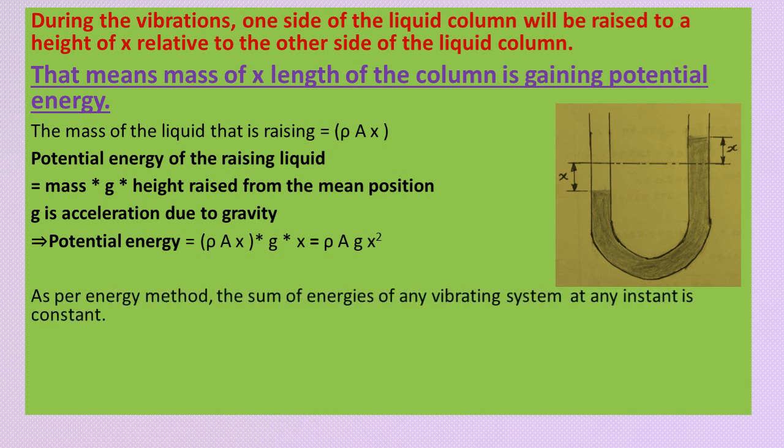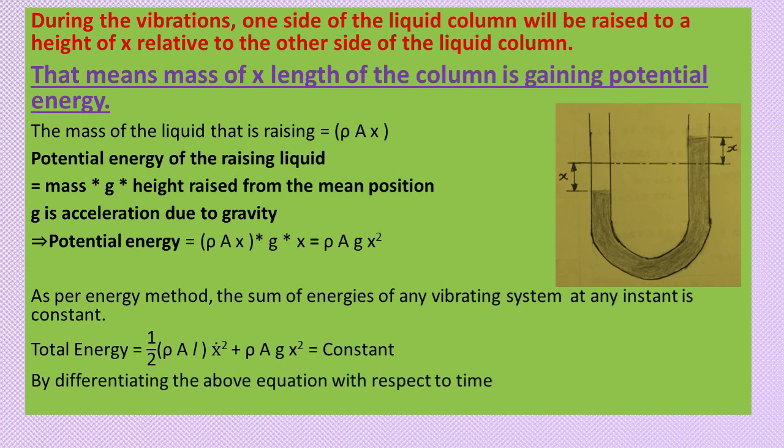As per energy method, the sum of the energies of any vibrating system at any instant is constant. Total energy equal to 1 by 2 rho A L x dot square plus rho A g x square equal to constant.